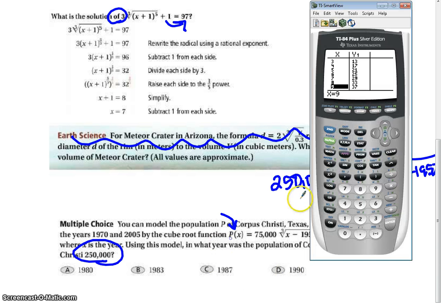So you would take your calculator and go to your home screen, clear it, 250,000 divided by 75,000 is 3.33.